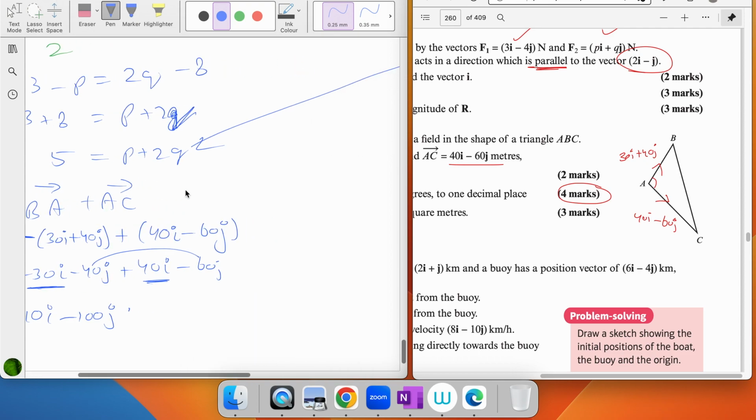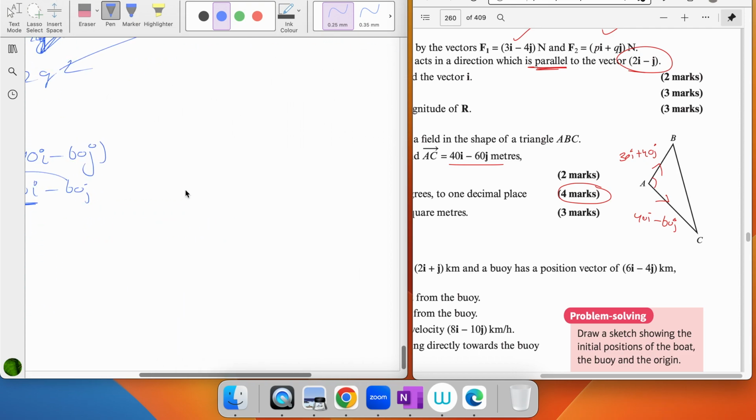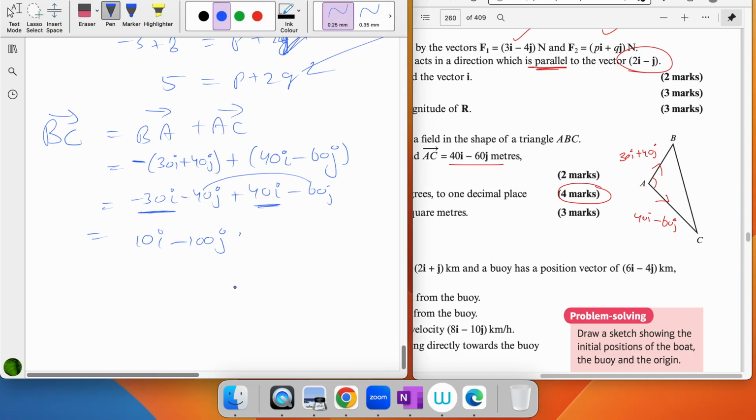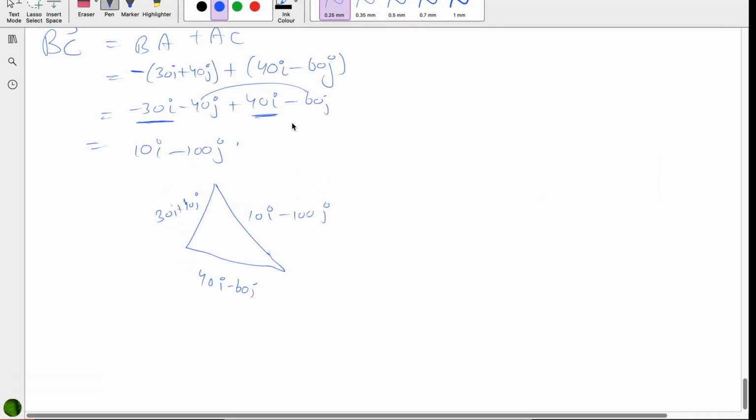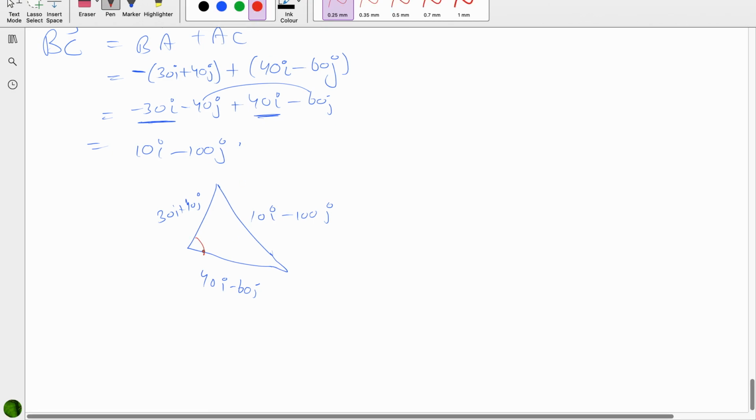I'm copying the triangle here to avoid confusion. This side was 30i plus 40j, this is 10i minus 100j, and the third one is 40i minus 60j. This is a 4-mark question.